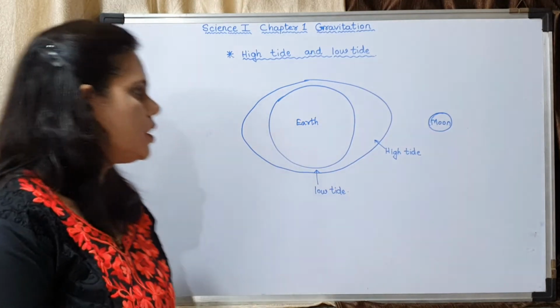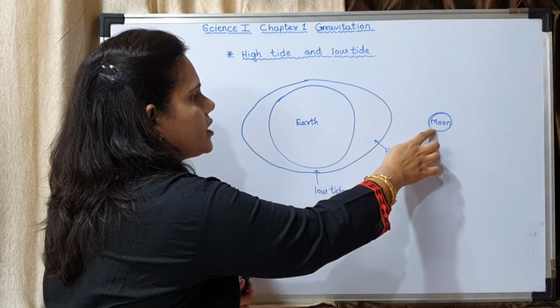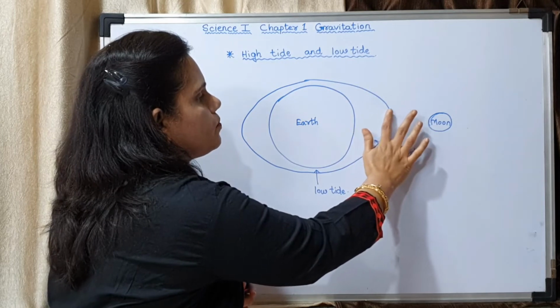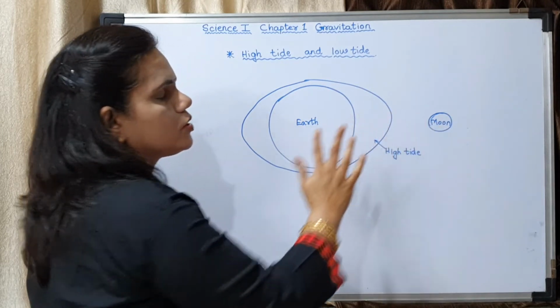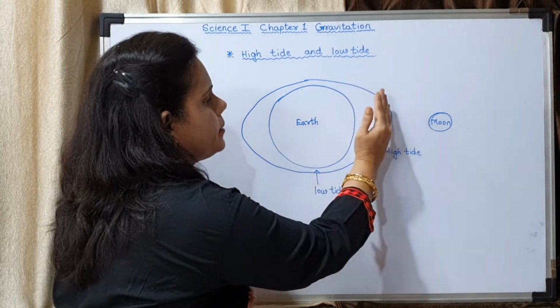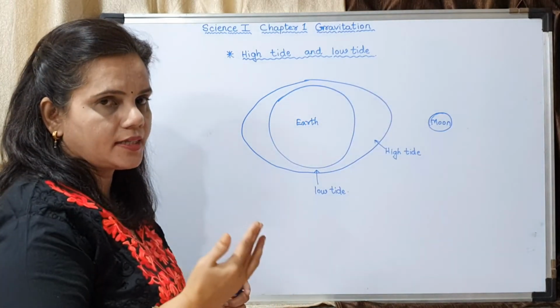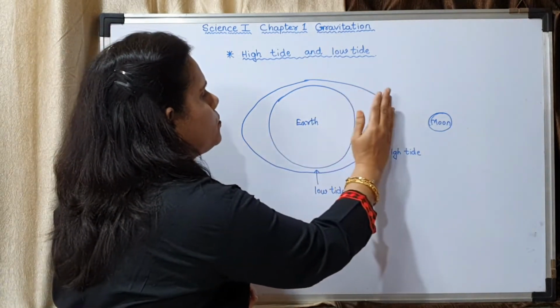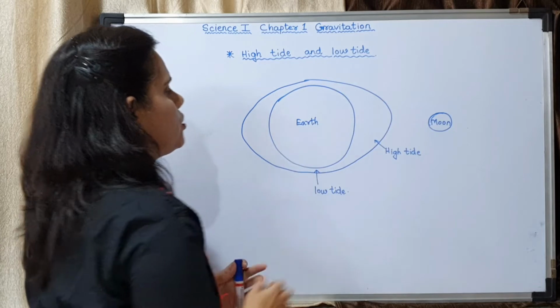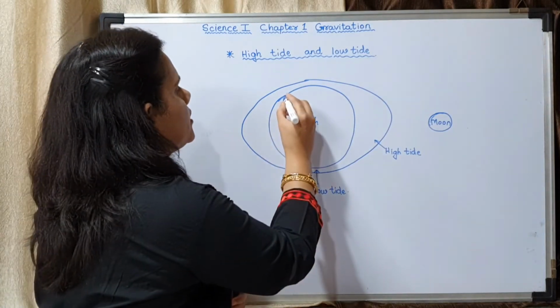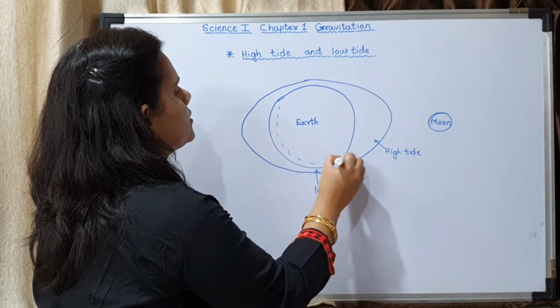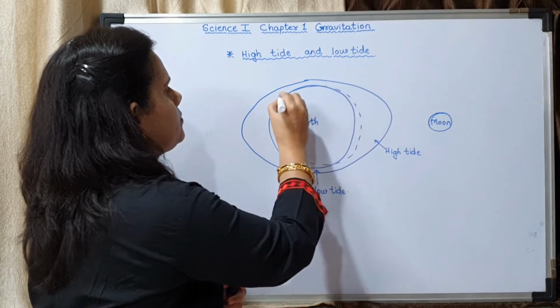So I repeat, due to the moon's force of attraction, the water is pulled towards the moon, so that the water here rises up, so there is high tide. As the water is pulled, some part of the earth is also pulled. The earth is moving towards this side, like this.